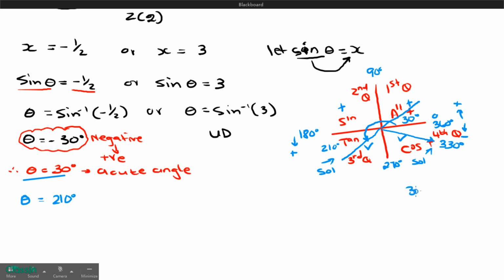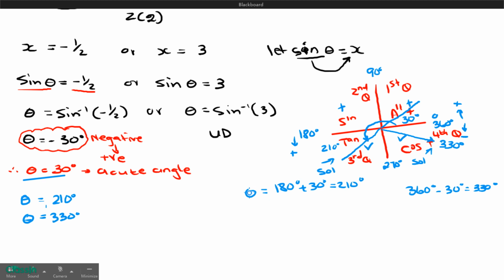So again, our theta is equal to 330 degrees. Even in the third quadrant, we set 180 degrees plus 30 degrees, and our solution was 210 degrees.